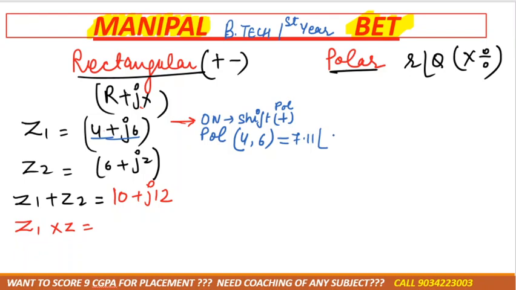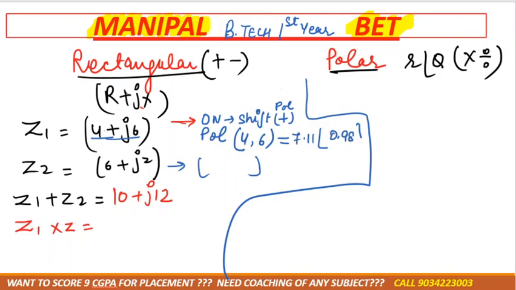You are getting 7.211 angle 56.31. Similarly you can convert the other one also, right? For multiplication and division the answer should be in polar form.